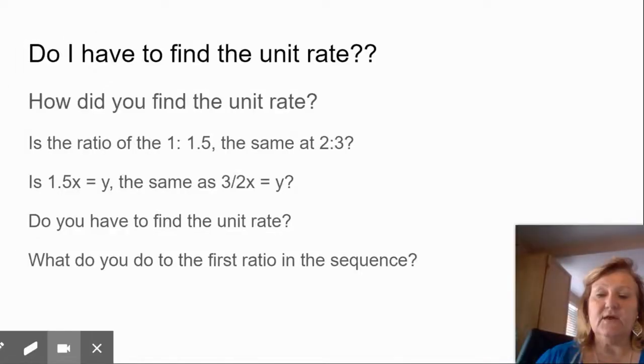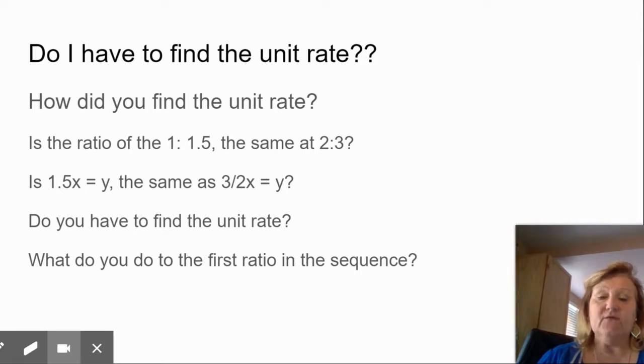Probably many of you said, okay, I need 1 batch, so I'm going to find the unit rate, the number of eggs for 1 batch. And when you did that, you found that the ratio was 1 to 1.5, which is the same as 2 to 3. In order to find the unit rate, you divided 2 by 2 and you got 1.